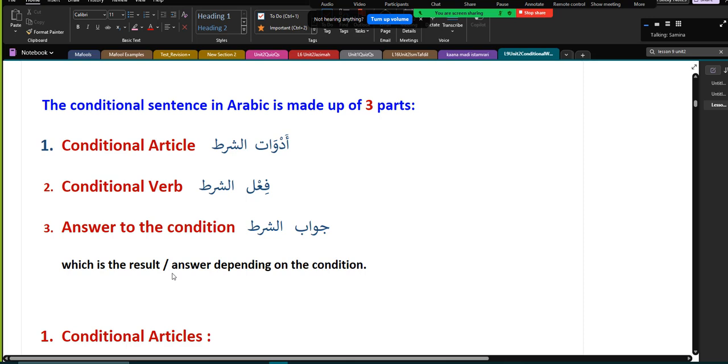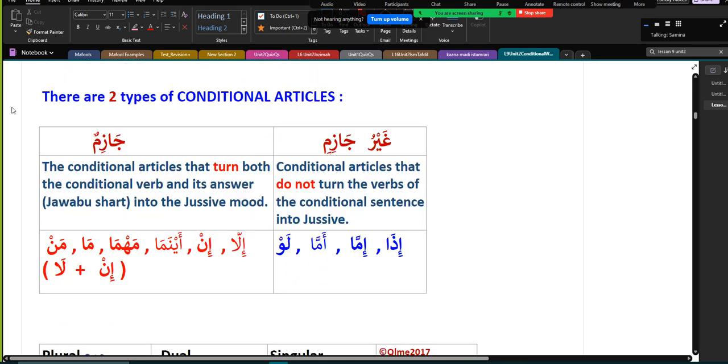And there are two types of conditional articles. The first one is the jazim, and the second one is the ghairu jazim. Jazim in the sense the conditional article that turns both the conditional verb and its answer, that is jawabu shart, into a jussive mode.